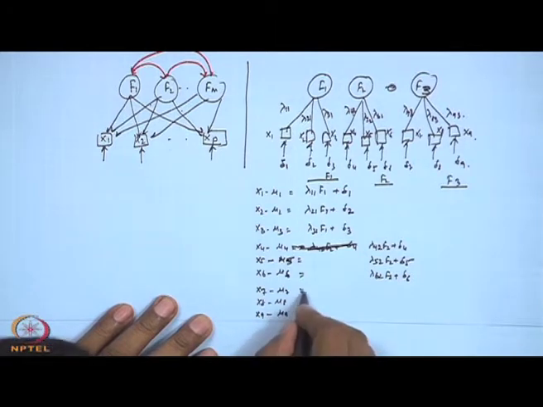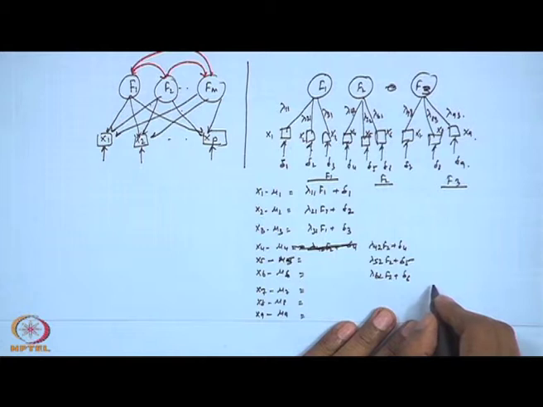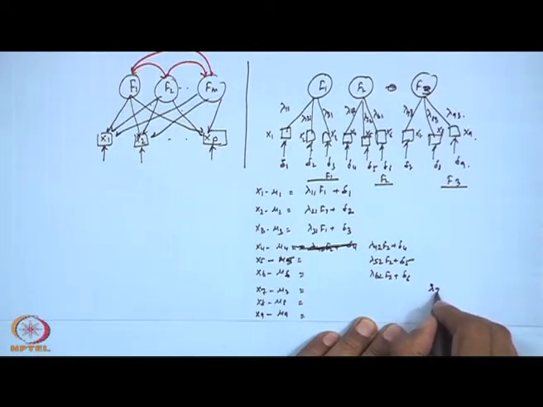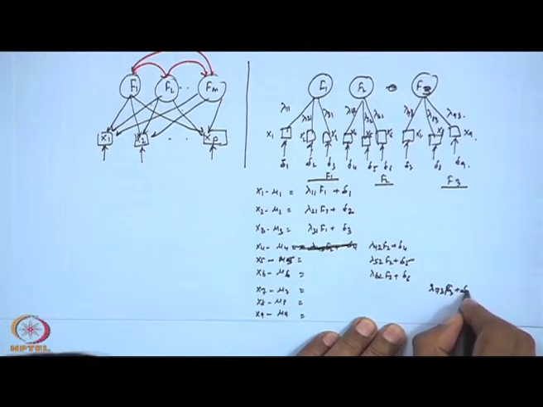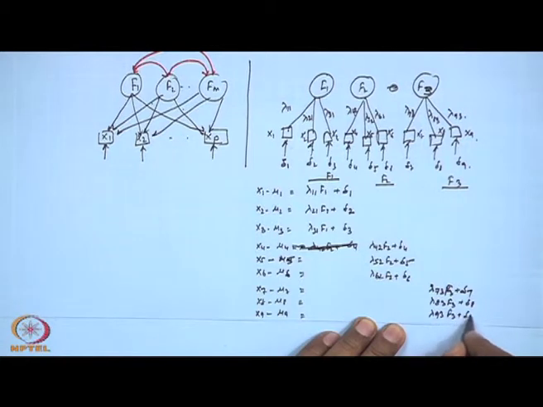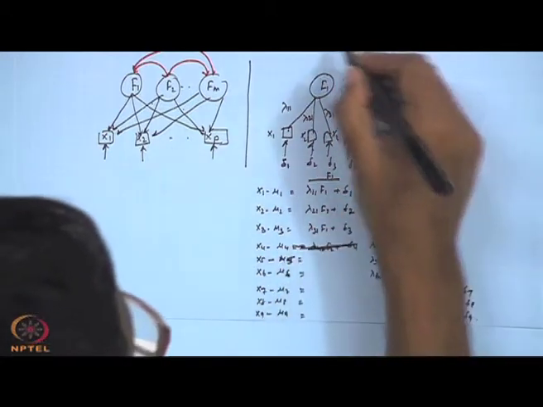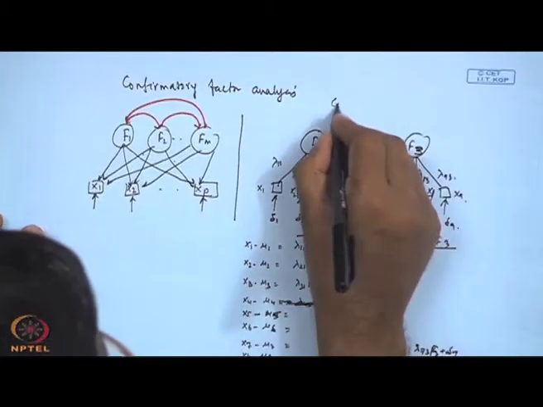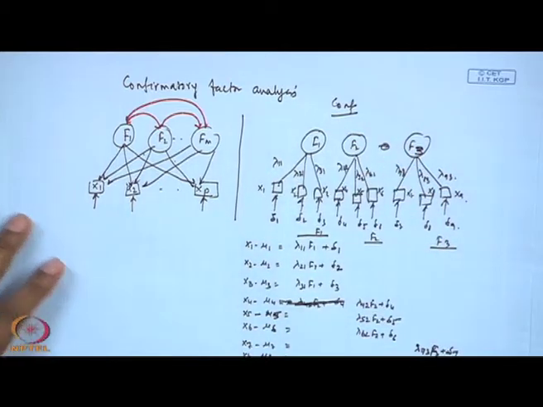x9 minus mu 9, if you write, these all will come here: x7 minus mu 7 is lambda 7 3 f3 plus delta 7, then lambda 8 3 f3 plus delta 8, lambda 9 3 f3 plus delta 9. So this is what we are talking about under confirmatory factor analysis.